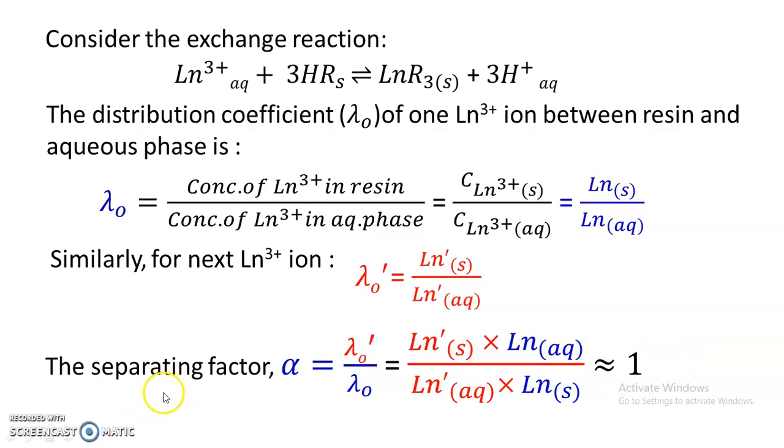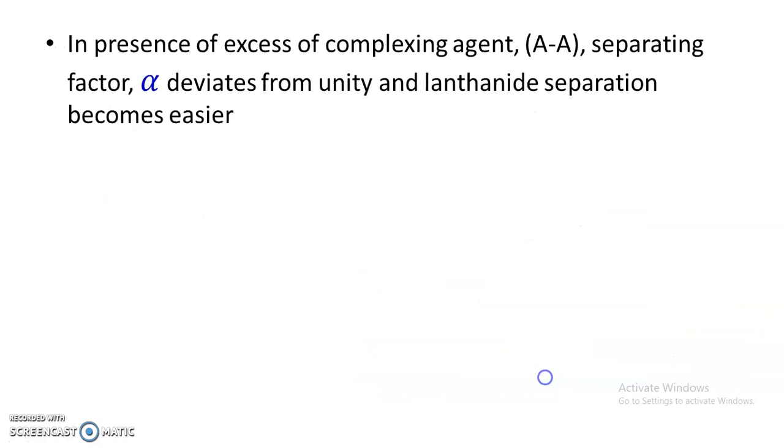And if alpha is equal to 1, then separation becomes very difficult, and therefore there is a need for a complexing agent. So in the presence of excess of complexing agent, that is AA, a bidentate ligand, the separation factor alpha deviates from unity and lanthanide separation becomes easier.